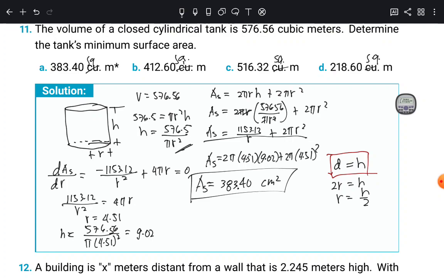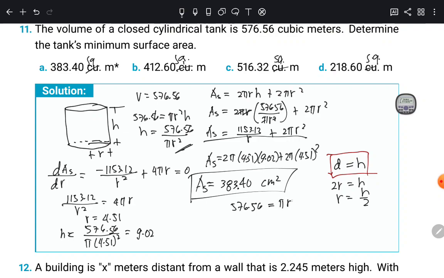So if we check that, we have our volume. Our volume is 576.56, and this is equal to pi r squared h.